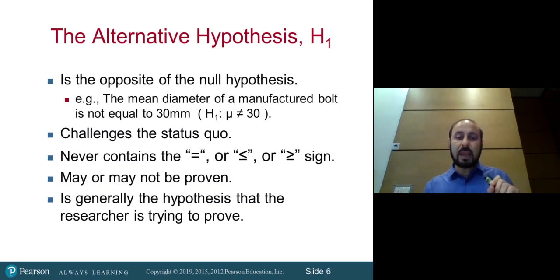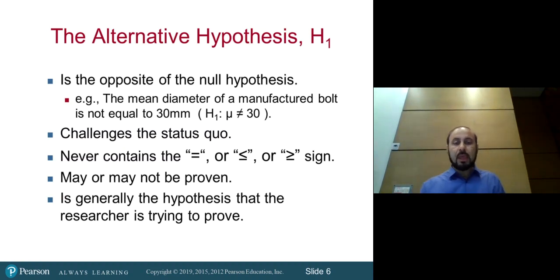Remember that you can never write alternative hypothesis with any of these signs, for example, is equal to, less than or equal to, or greater than or equal to. Any of these signs are always used for the null hypothesis, and the opposite is not equal to. For example, if you're using is less than or equal to for the null, then if it is not less, of course your hypothesis is not accepted. So your alternative hypothesis is not equal to 30.